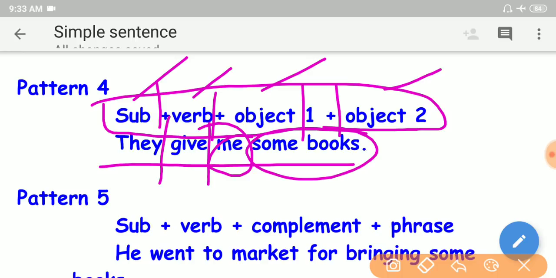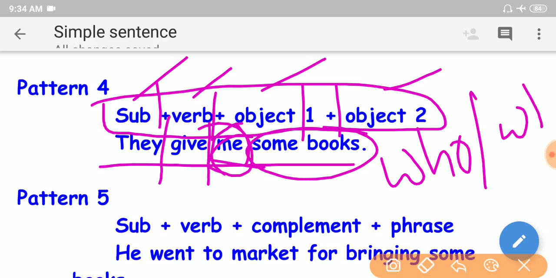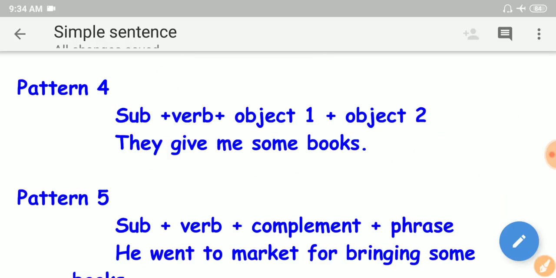I already told you in my previous videos: if you frame a WH question to get the part after the verb as the answer, and that information answers the question who or what, then you can easily understand that there is an object.